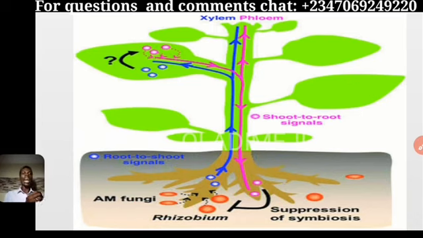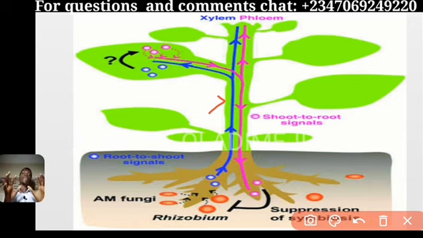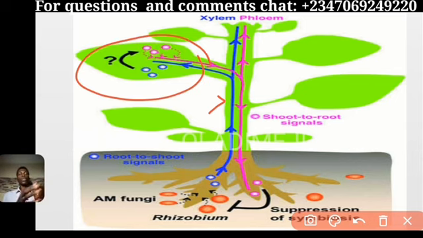Now, on the other hand, you will see this blue one here, which is called phloem. What does it do? It transports manufactured food. When you hear the word nutrients, it means the food that the plant has formed during photosynthesis, which is glucose and stored as starch.